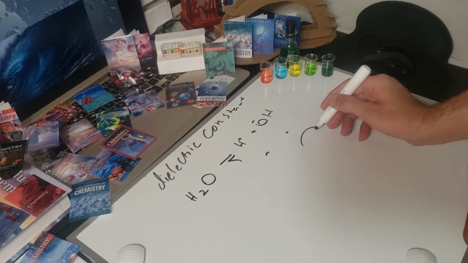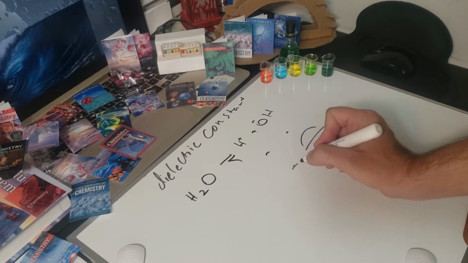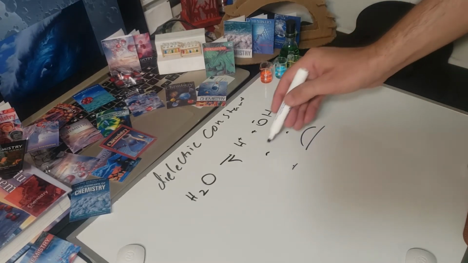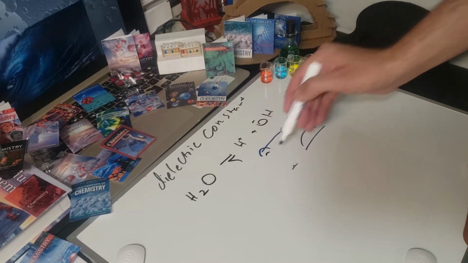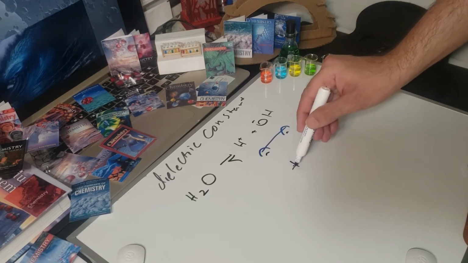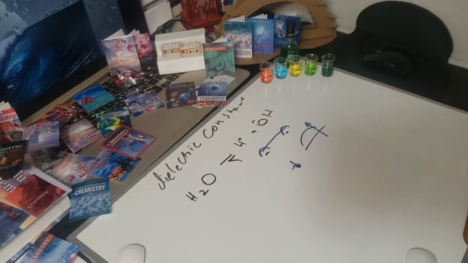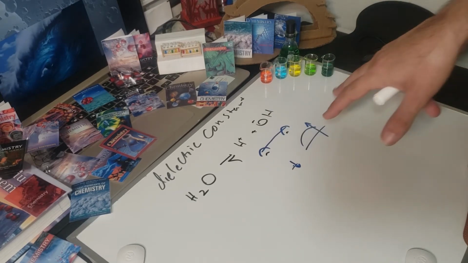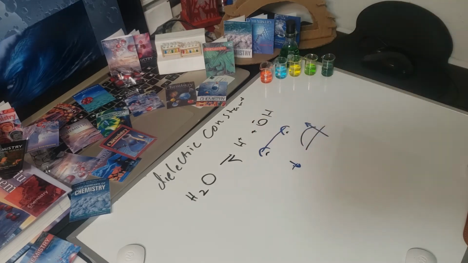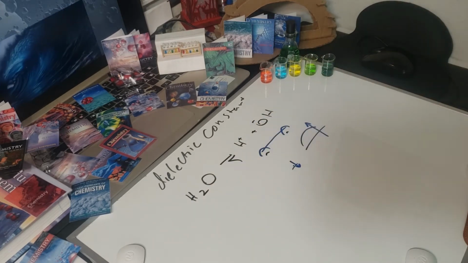If you have a lot of OH minuses, then there would be a very, very tiny portion of H plus. If you increase one, the other one decreases to balance off the ions. So the number of ions in a given sample of water should be equal to a definite number, and that's because of water self-dissociation.